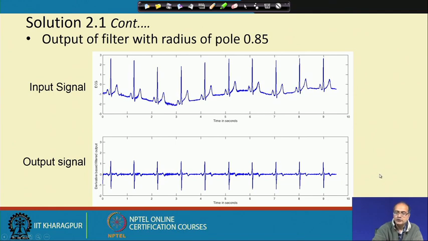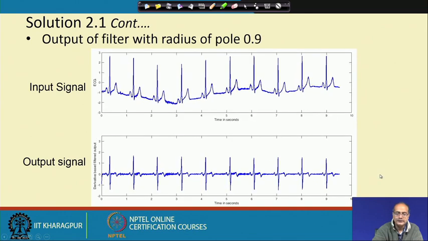So, we move forward, we move the pole location to 0.9, and again we witness an increase in the QRS complex output, though the shape is not improved in this case. Now we get some output in the place of the P and T waves, though they do not look like the P and T waves.